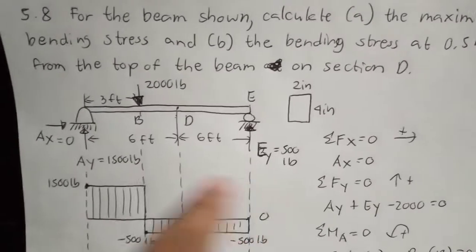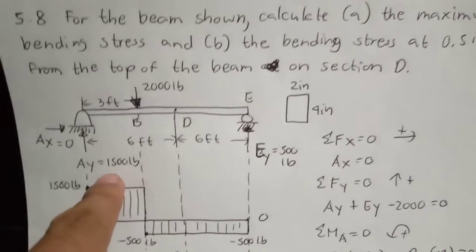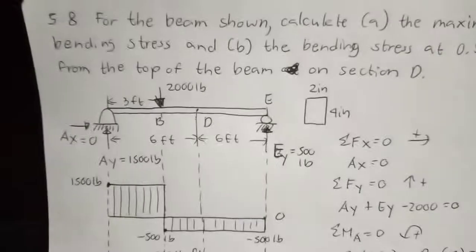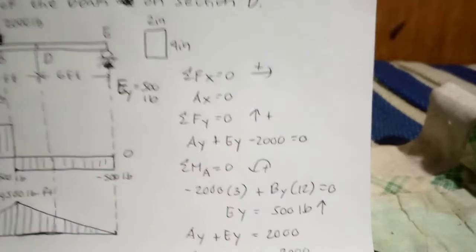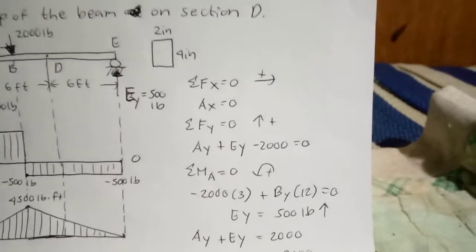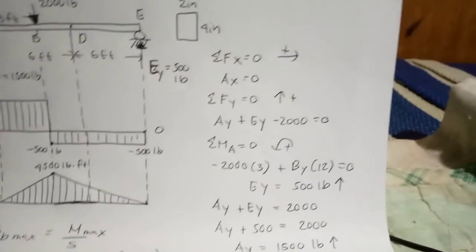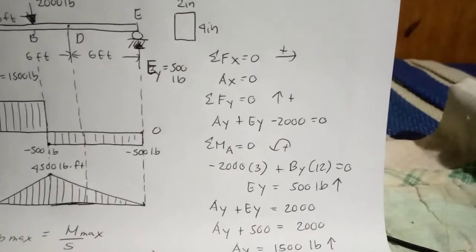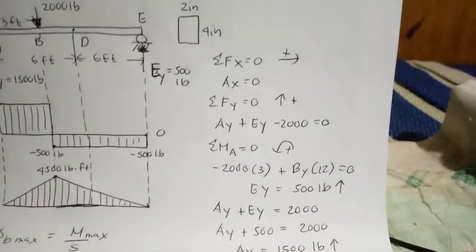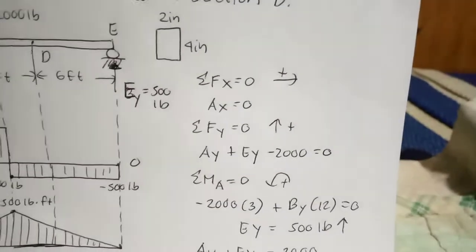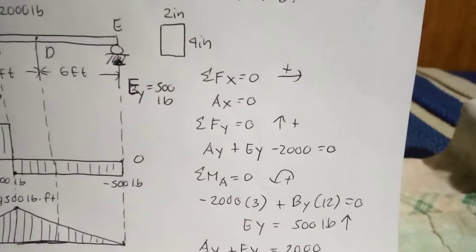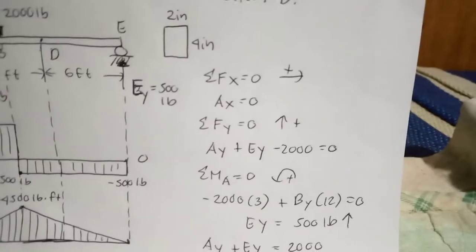I computed the values of the reactions by summing up forces horizontal and vertical equal to 0, and summing up moments equal to 0. So I used the three equilibrium equations in order to determine the reactions. From here, sum of forces at x is equal to 0, with right as positive.